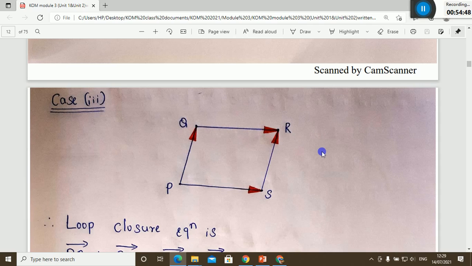I want the loop closure equation of this mechanism. Take the summation of the vectors. If they are clockwise, take positive. If they are counterclockwise, take negative. Anyone, please tell me the loop closure equation of this mechanism?